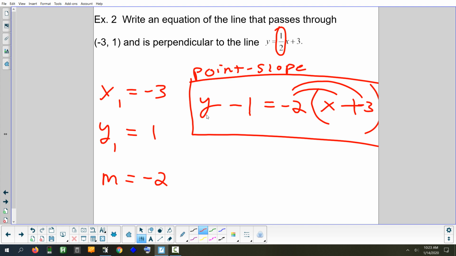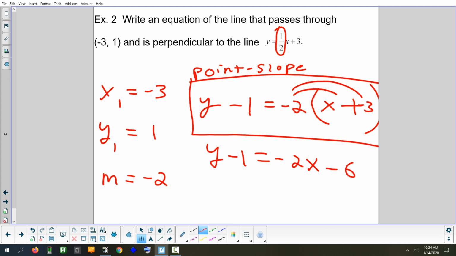What do you think? Does the y minus 1 change? No. Equals. How about Princess? What am I going to get when I distribute that -2? Yep. So -2x. One more thing. I still have to do -2 times +3.